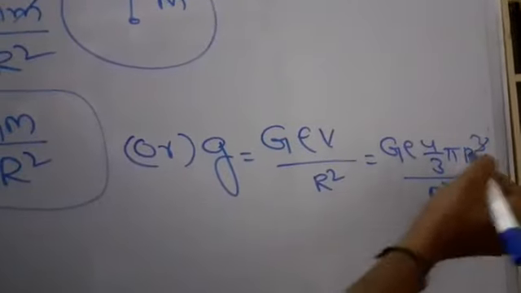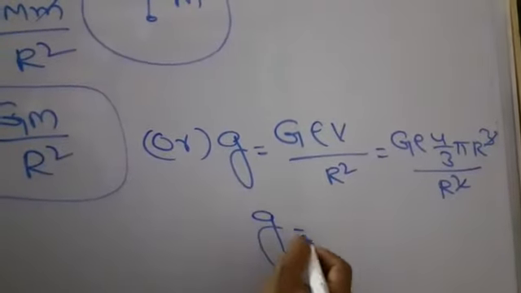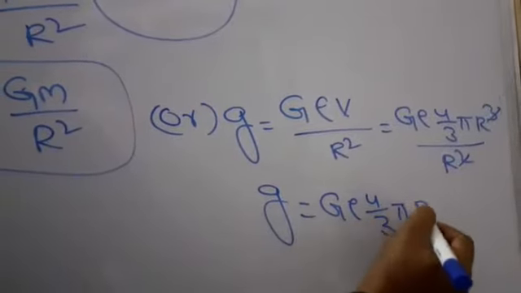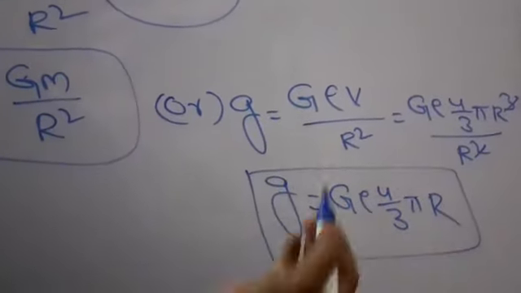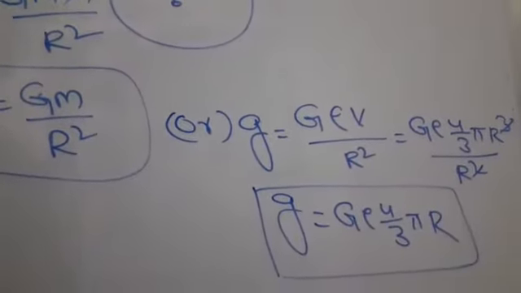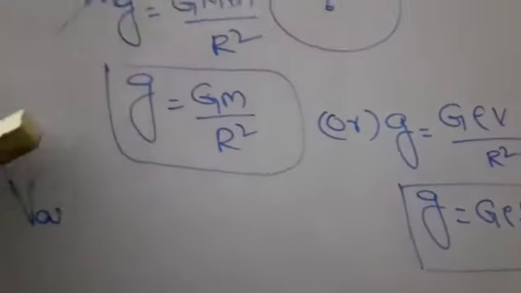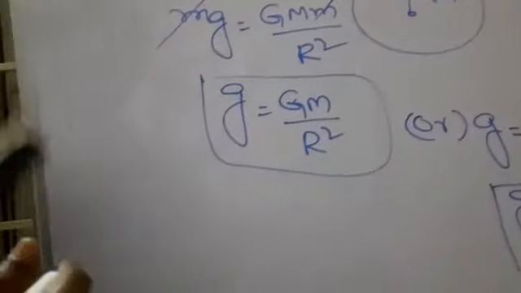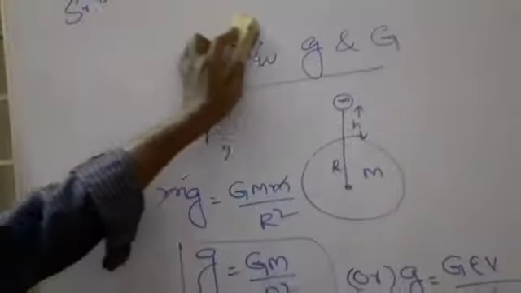In terms of density, g is equal to G rho 4 by 3 pi into R. This is the relation between acceleration due to gravity and the gravitational constant in terms of density, right?